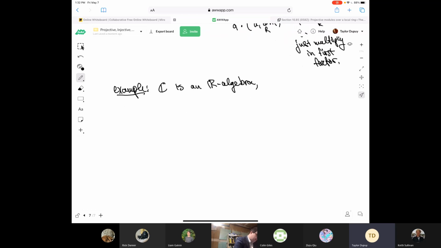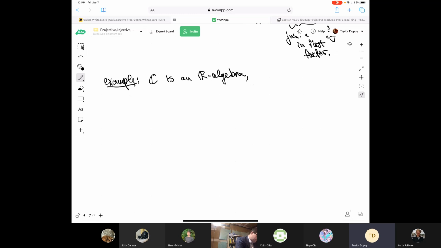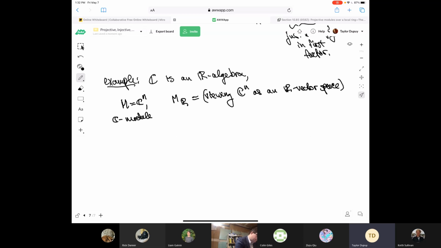What we can do is take M equal to C to the N, why not? So this is a C module. Then M_R is viewing C to the N as an R vector space. Okay, so that's what restriction of scalars is.